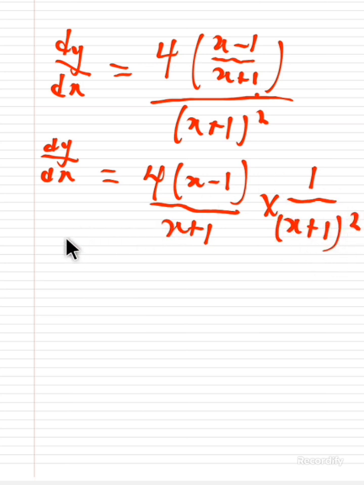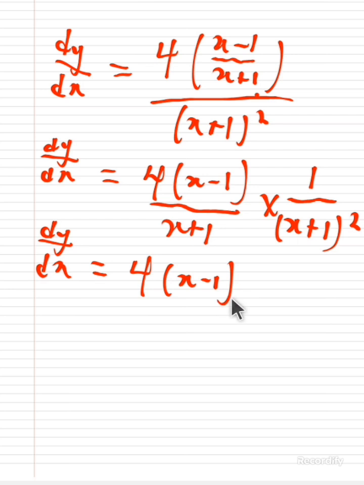Okay, so now 4 into x minus 1 multiplied by 1 is still going to give us, so this now tells us that our dy dx is equal to 4 into x minus 1, because if we multiply 4 into x minus 1 with 1, we are going to have 4 into bracket x minus 1.